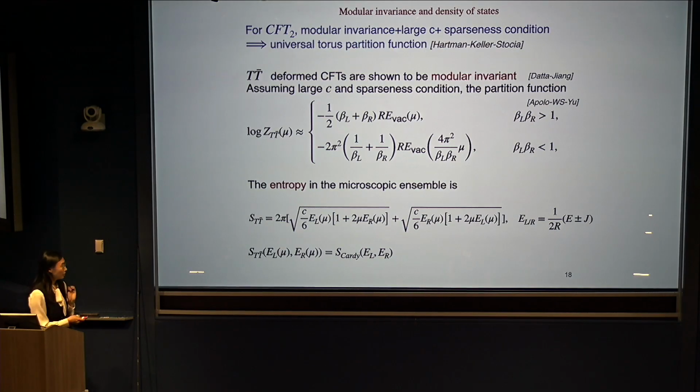CFT. This formula can alternatively be derived by using an argument very similar to what Tom and friend did for CFT. If we consider the starting point before the deformation, a large C CFT, and assume this sparseness condition for the light states, then what we get is that the torus partition function can be approximated for both the low temperature and the high temperature.